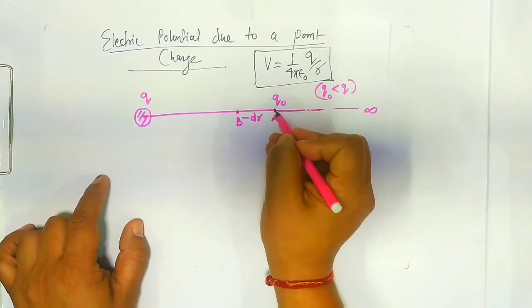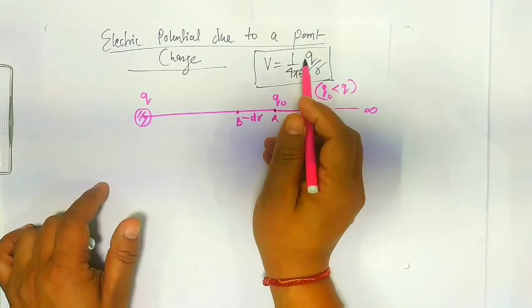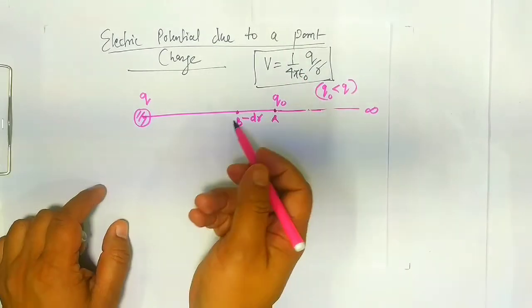So we are taking a charge from A to B, and remember you calculated gravitational potential, same as this.